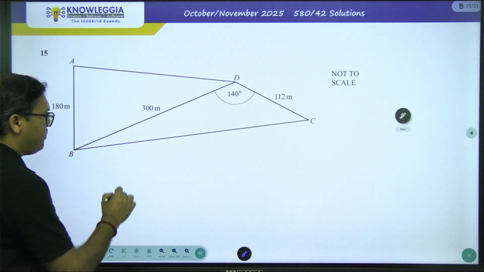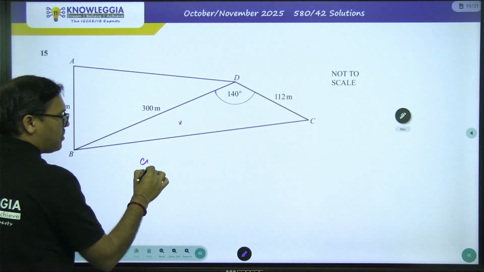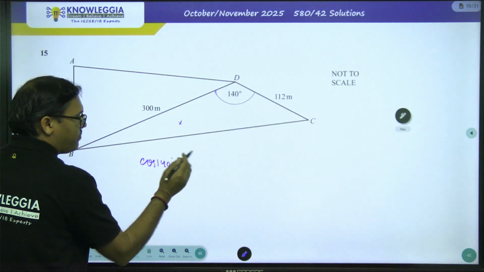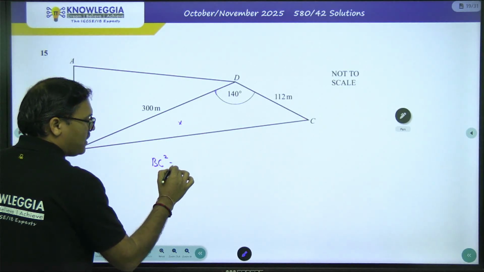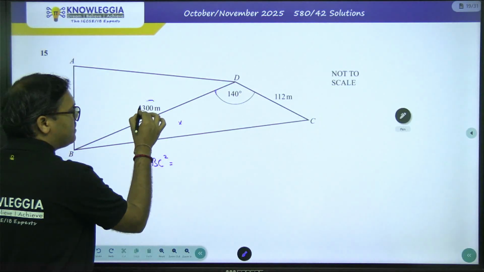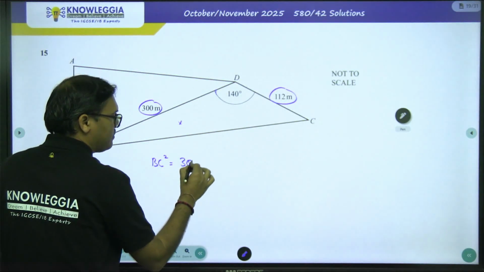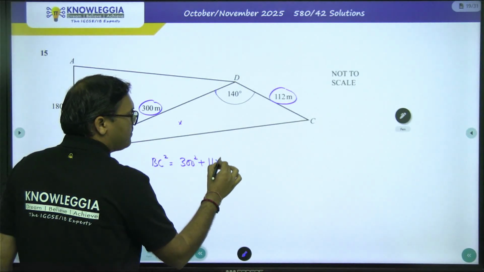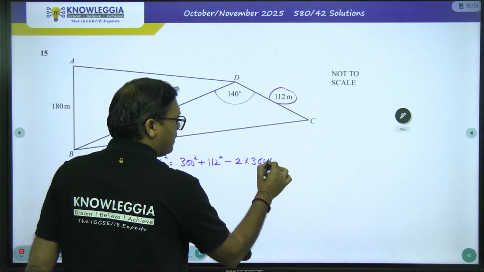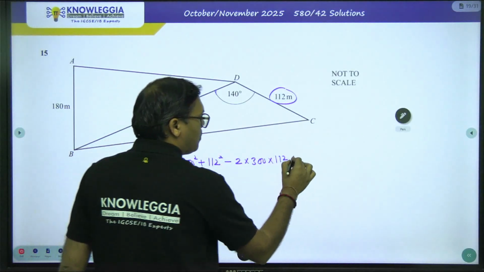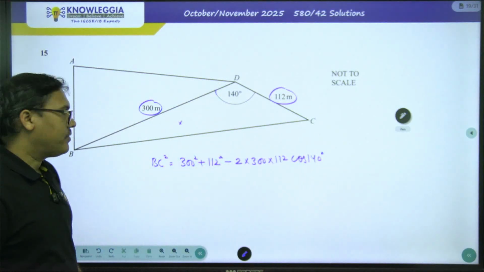If you apply the cosine rule in this triangle, this is cos of 140 degrees. I'll just find BC directly. So BC square will be equal to 300 square plus 112 square minus 2 into 300 into 112 into cos of 140 degrees. This is clear.